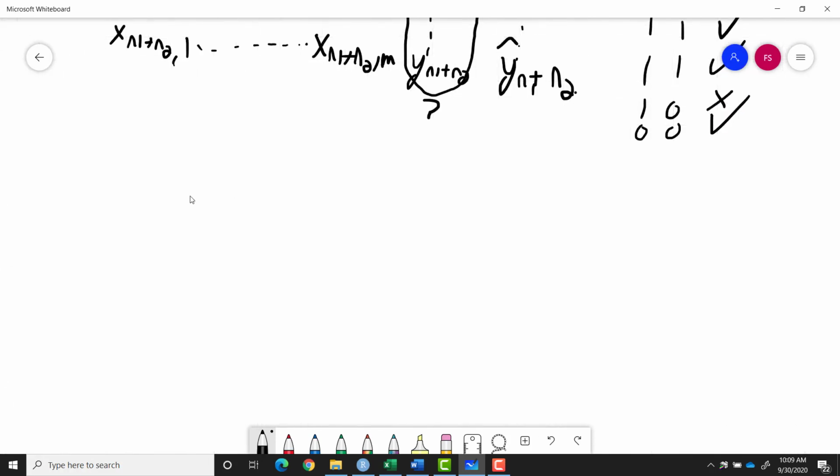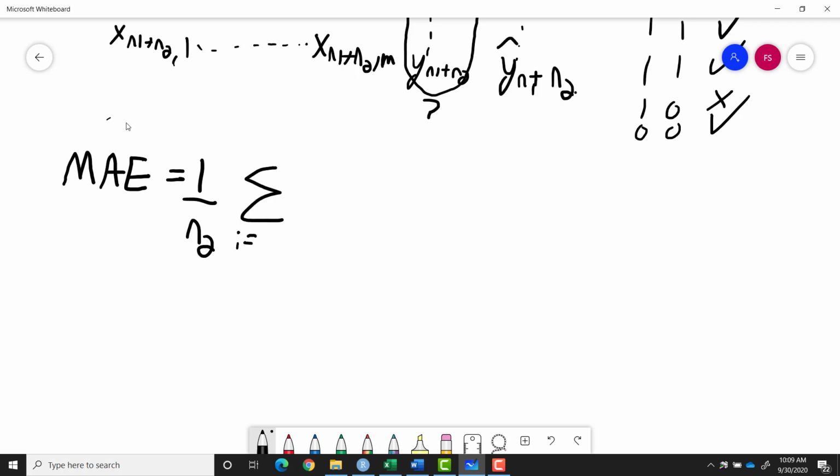So let's put that a little bit more formally. We can define an error, which we're going to call the mean absolute error. And we're going to average across our n test items.